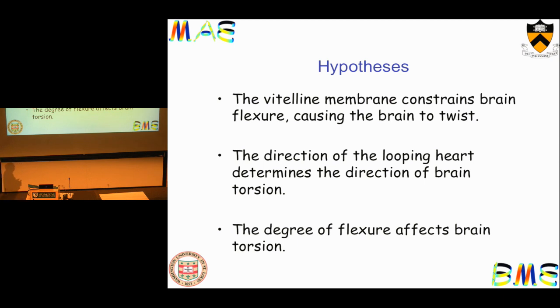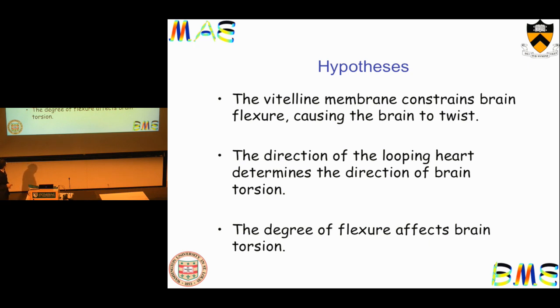First, we hypothesized that the vitelline membrane on top of the embryo constrains the brain flexure, thus causing the brain to twist. Second, that the direction of the looping heart would determine the direction of the brain torsion. And third, the degree of flexure would affect brain torsion.